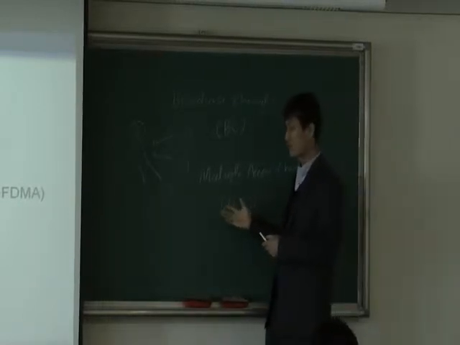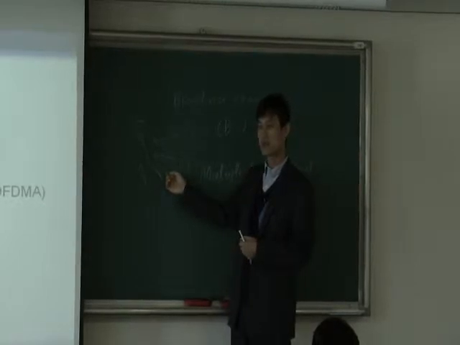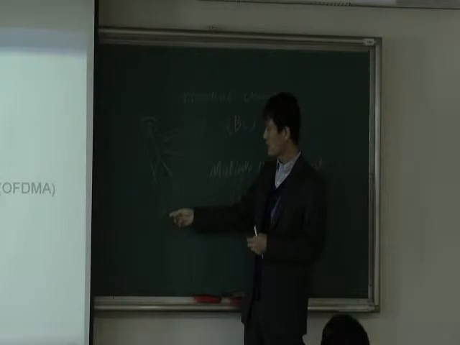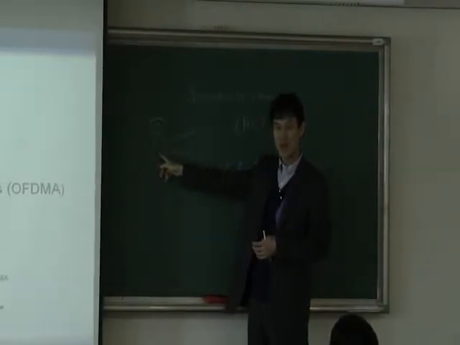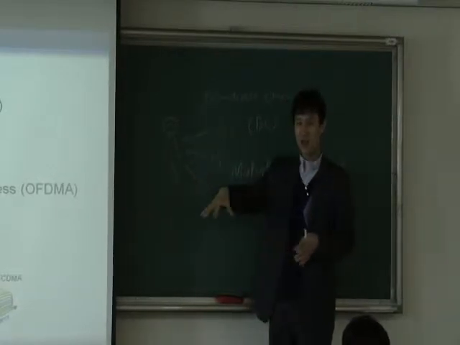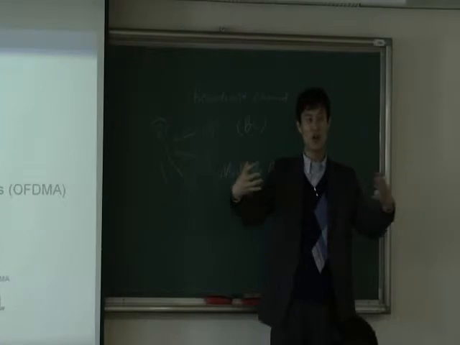Okay, that's multiple access. What's the problem with multiple access? The problem is that all these users try to talk to the base station at the same time. So this base station receives all these things at the same time. A lot of people talk to me at the same time.